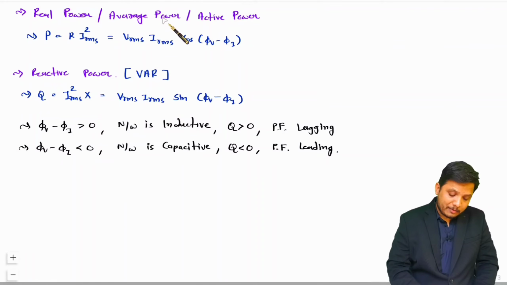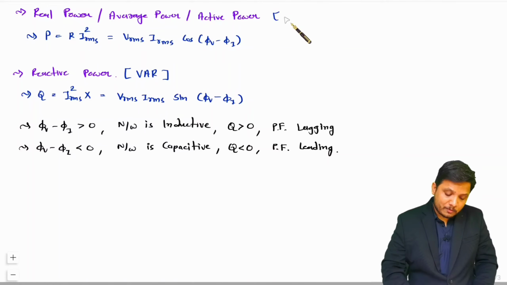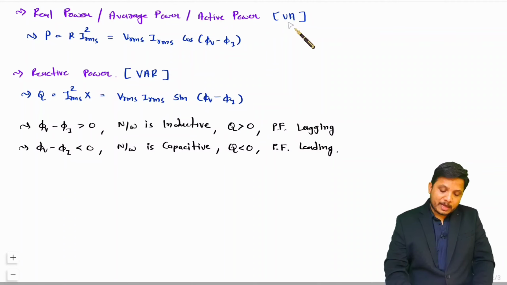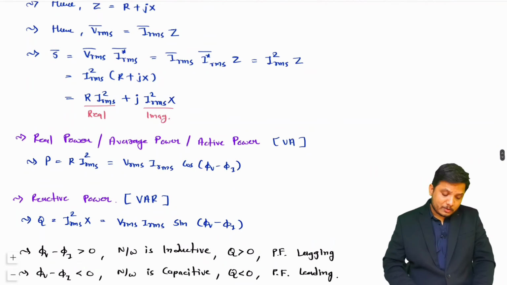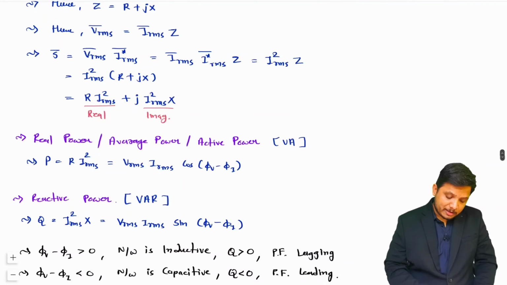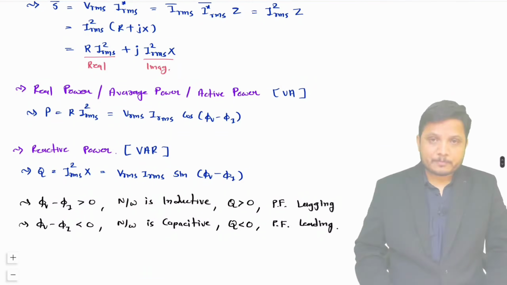And real or average power is given in terms of VA. Sometimes it may be given in watts, but then it will be mentioned that it is average power. If they do not mention it, you can consider it as VA. And complex power also has a unit, that is volt ampere. That is the basic thing you should understand.